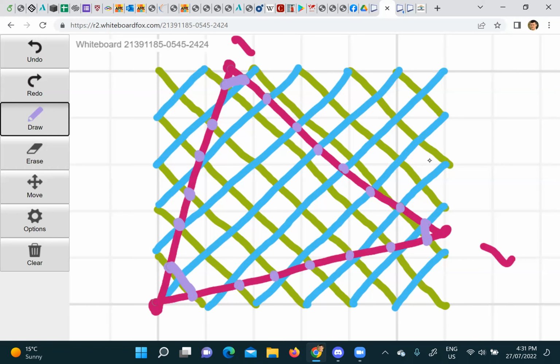So how many does that give you? It gives you 3 corners, right? 1, 2, 3, 4, 5. 1, 2, 3, 4, 5, 6. 1, 2, 3, 4. So 4 plus 5 plus 6 is 15, and then plus the 3 on the outside is 18, yeah?